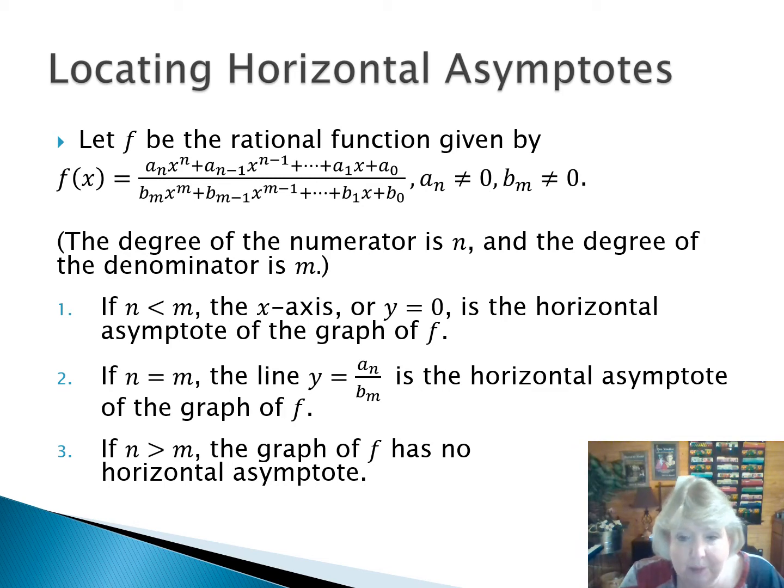If the two polynomials are of equal degree, if they're both cubes or both fifth powers or both 20th powers, then the line y equals the lead coefficient of the numerator over the lead coefficient of the denominator is my horizontal asymptote. And if the degree of the numerator is greater than that of the denominator, I have no horizontal asymptote. It's all about the degrees.